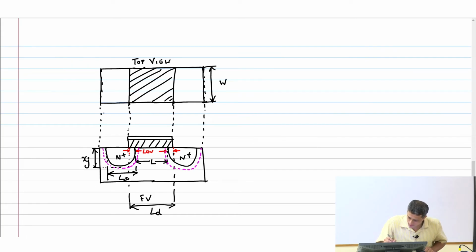Let me just take that up further. And then I have a depletion region around it like this. You agree? This is the N plus. Similarly here also I have something like that, N plus.